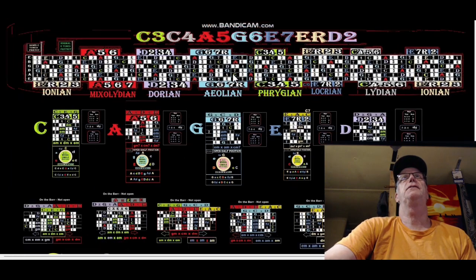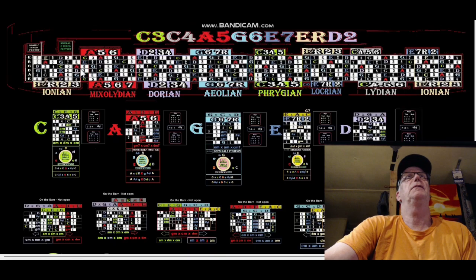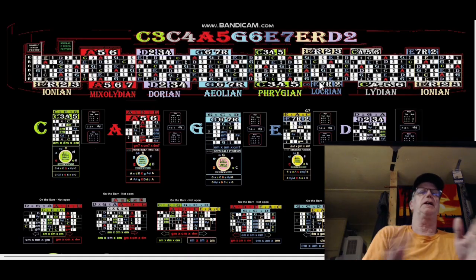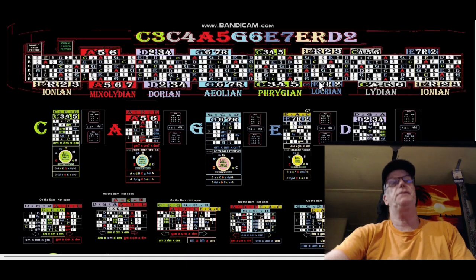We're finally looking at it here. So we have root, then 2, 3, 4, 5, 6, 7. You see how there's kind of an order to it? And that's important.